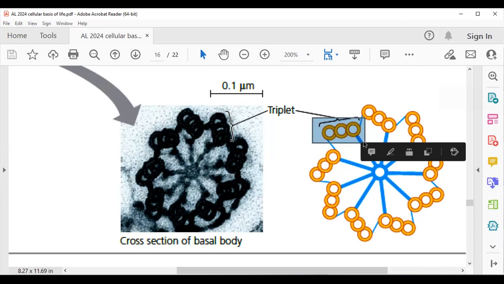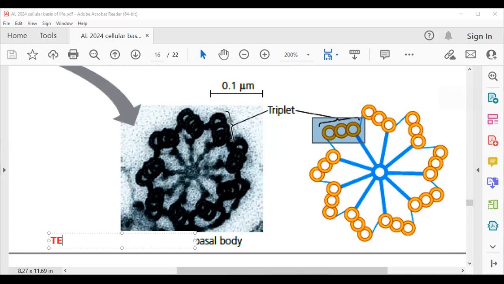The central diagram shows the TEM diagram of the cross section of the basal body. In the exam paper, that is the way to answer it.